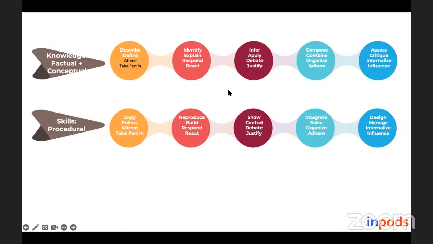So let me address the first question. Dr. Muthuraman, how can we assess the affective domain? Actually, there is no need to assess affective domain level skills by using the conventional method of assessment. The moment we think about assessment, we think about marks, right?